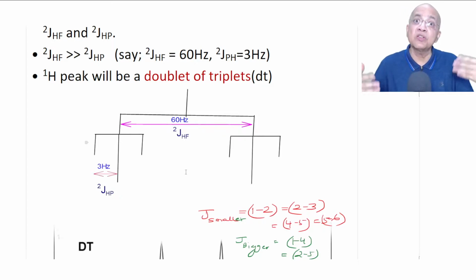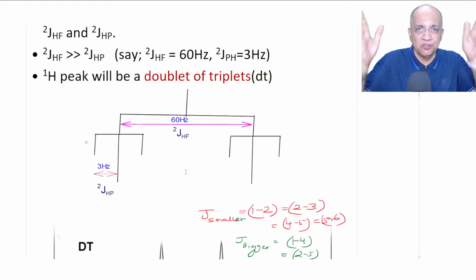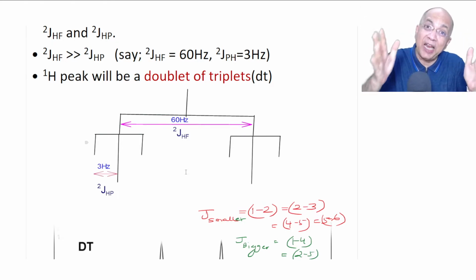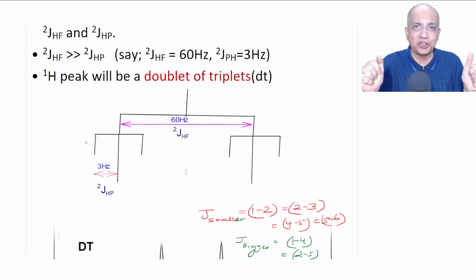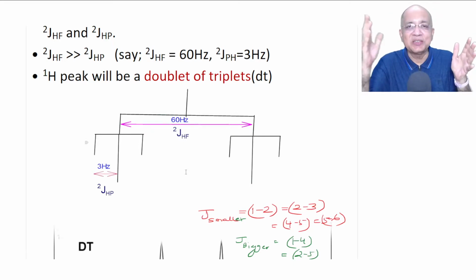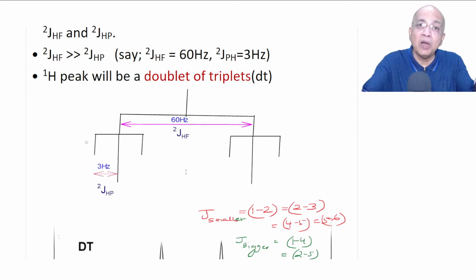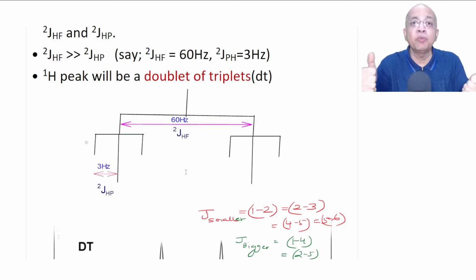So this will be called the doublet of triplets. You know the convention of how to name a multiplet of multiplets. The first multiplet will be named after the larger coupling constant. The next, with a plural S, will be named after the smaller coupling constant.